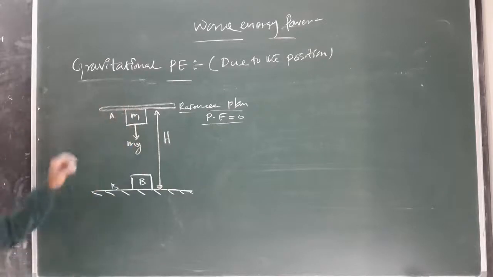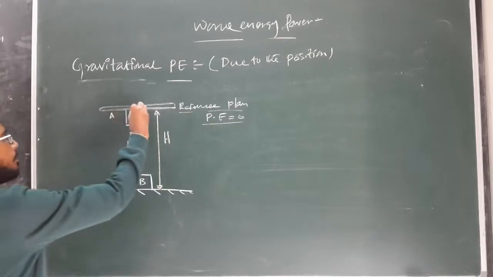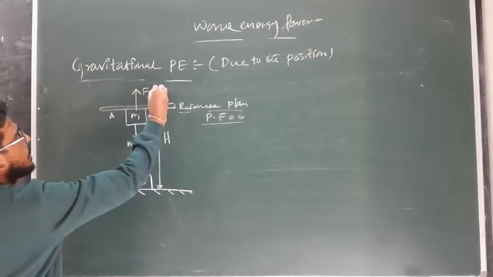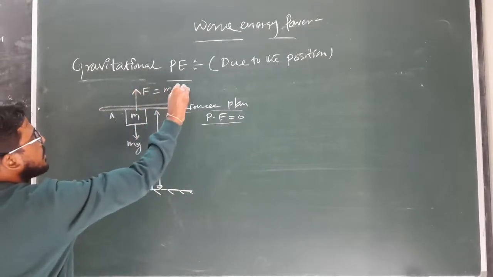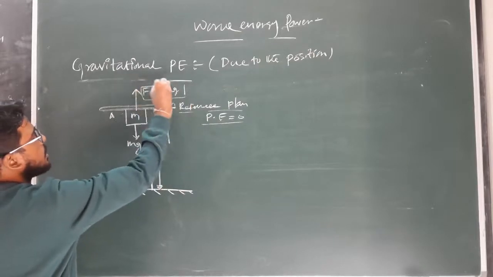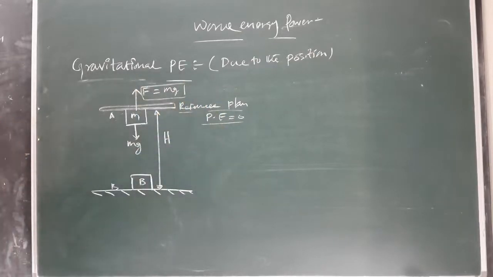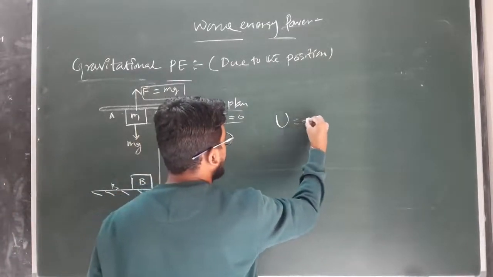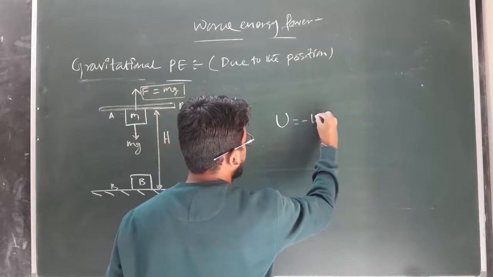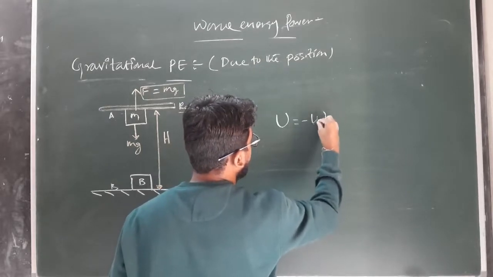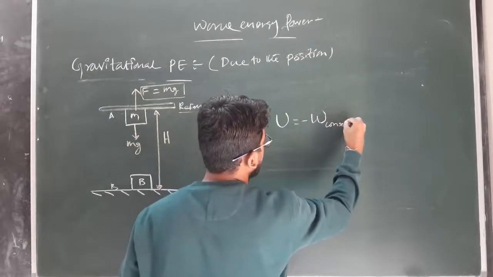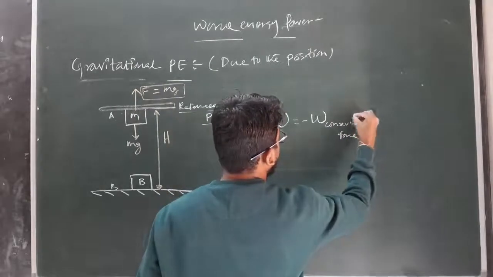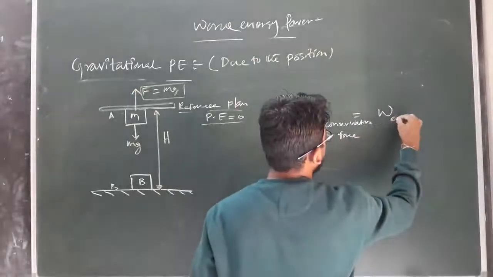So if we want to move this block with 0 acceleration, we have to apply a force in upward direction F, which is magnitude equal to the value of mg, to move the block with 0 acceleration or constant velocity. Then as we know, the potential energy will be equal to the negative of work done by conservative force or equal to the work done by external force.